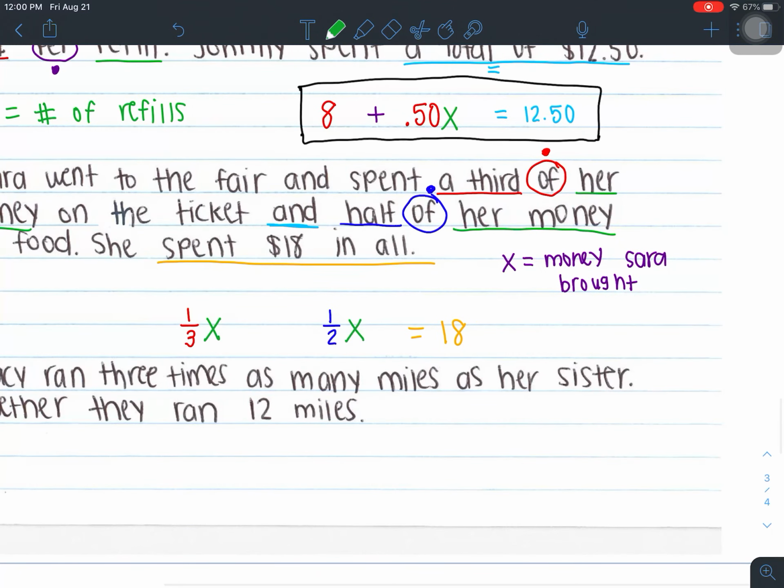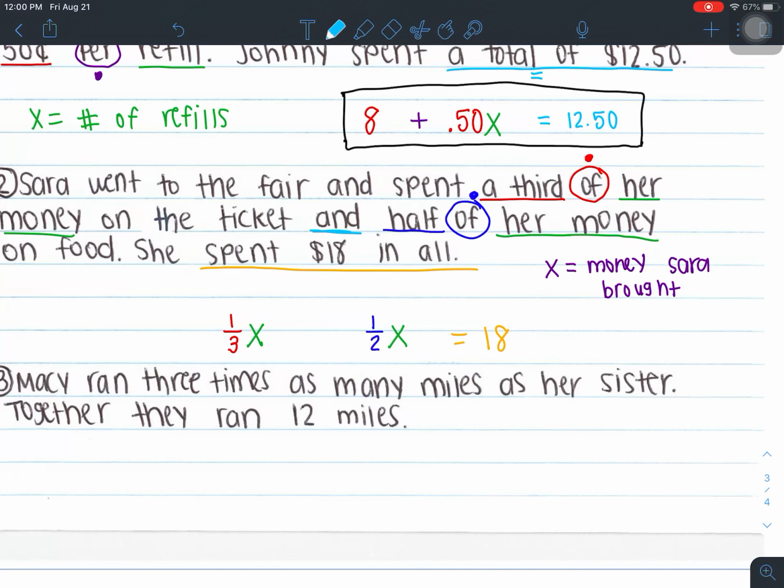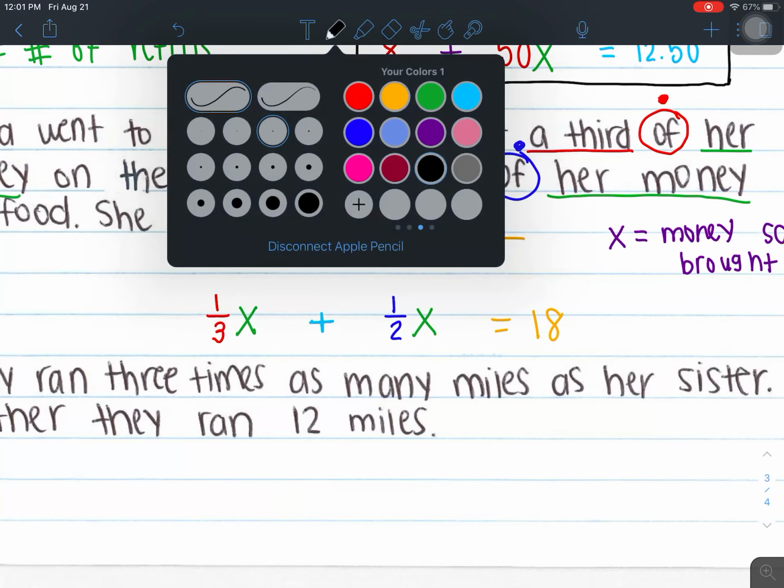So her money is going to be X. I don't know how much money she brought, but I know she spent half of it. And the of means multiply, so I have a half times X. Half times her money. And they're being separated, but I know she spent a total of $18. So she spent some money, and then she spent some more money. So that means if I added those two totals together, I should get $18, which means that they're going to be separated by an addition sign.